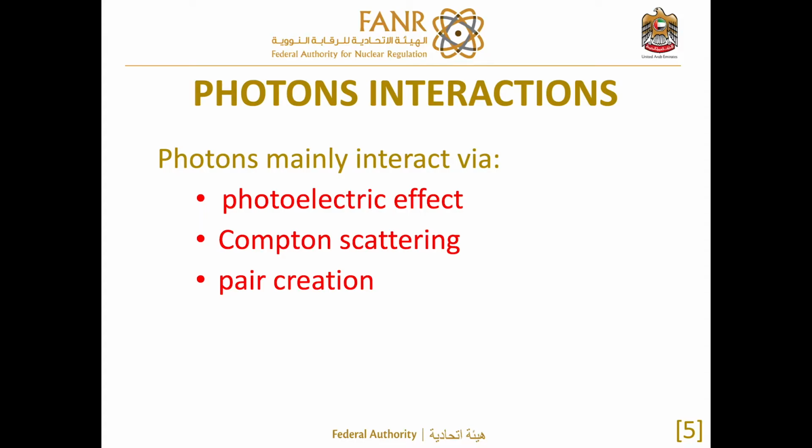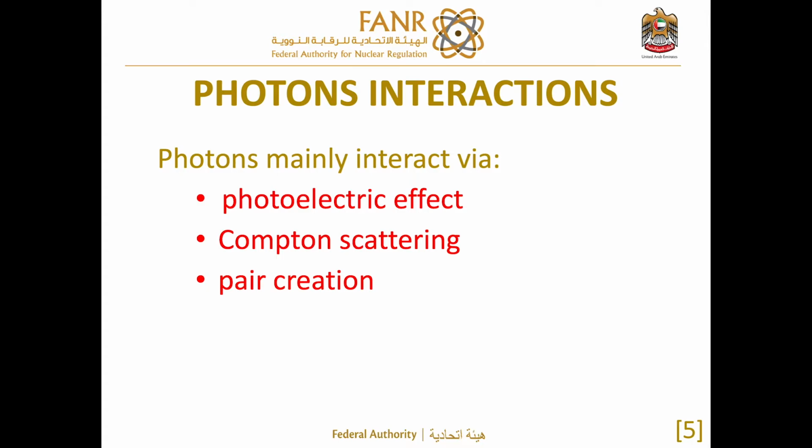Photoelectric means that the photon is actually stripping an electron from the atom. Compton scattering means that the photon is deflected, and in this deflection loses part of its energy and gives this difference between the original kinetic energy and the final kinetic energy to the electron, the Compton electron, which is generated in this interaction.